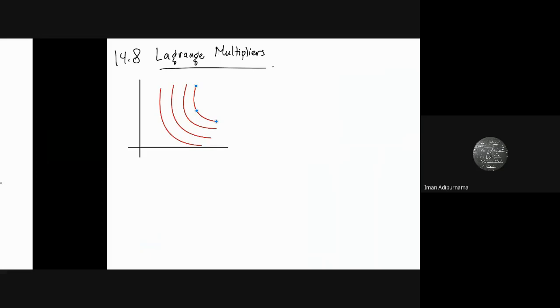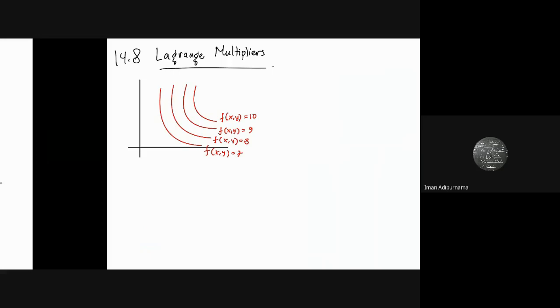Okay, and then let's take some notes. So let's say this is a level surface, maybe this is 10. This level surface is maybe 9. This level surface is probably 8. And this level surface is maybe 7. So each will have a different height.